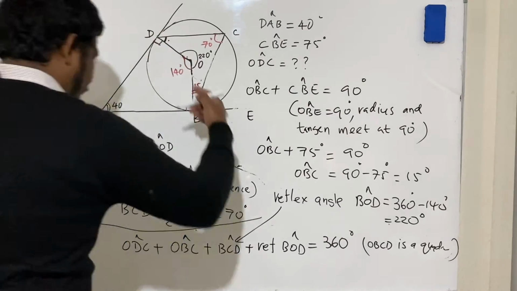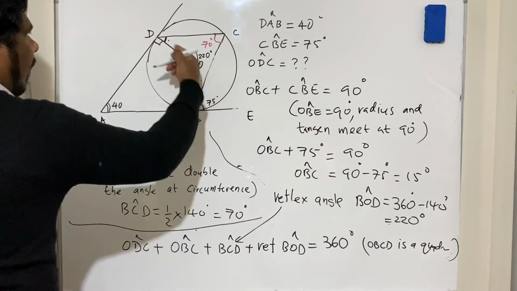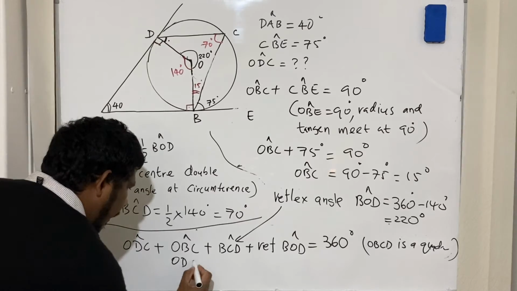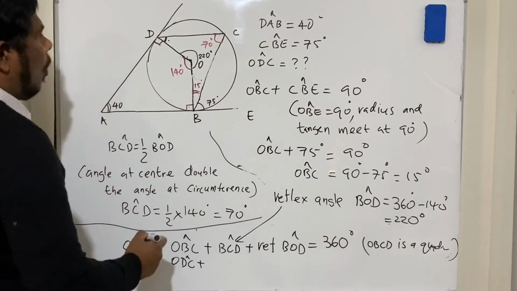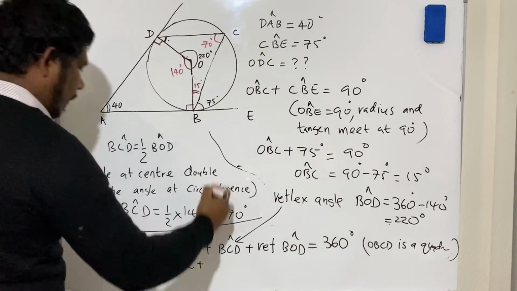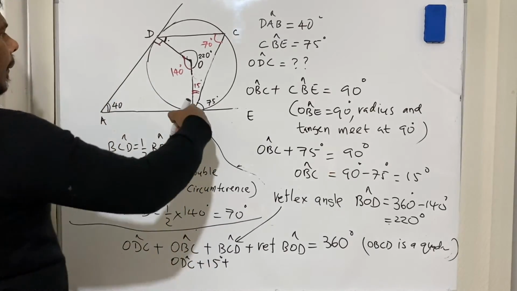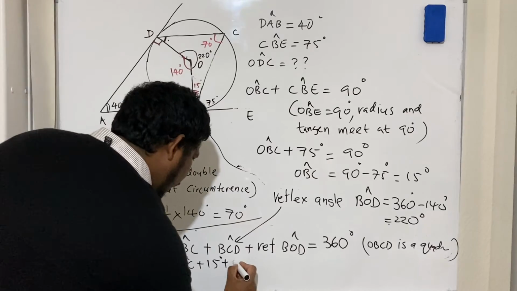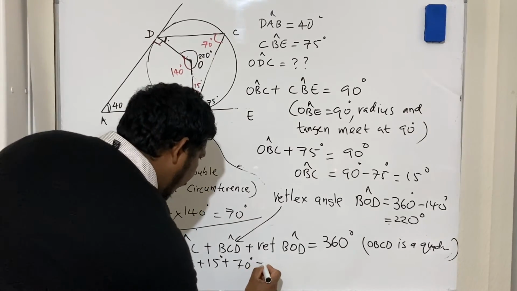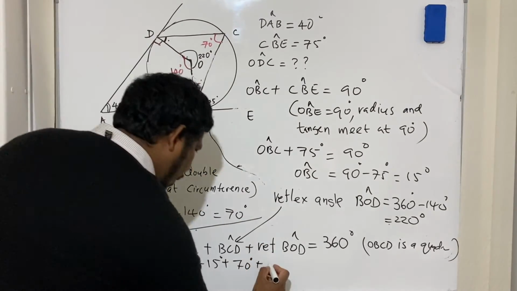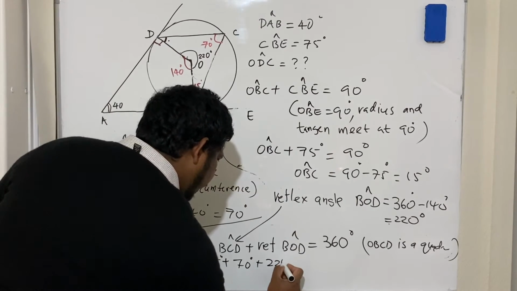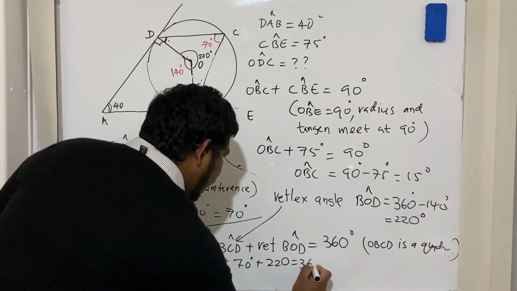So we can put the amounts. ODC we need to find. So I put ODC plus OBC is 15 degrees plus BCD is 70 degrees and reflex angle BOD is 220 add to 360.